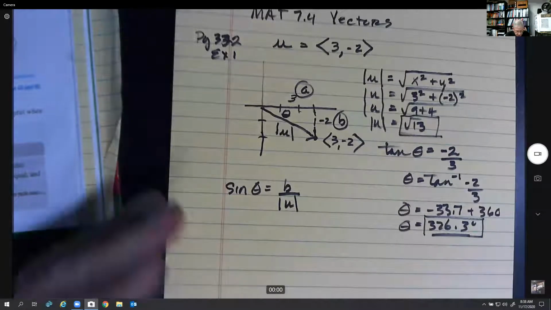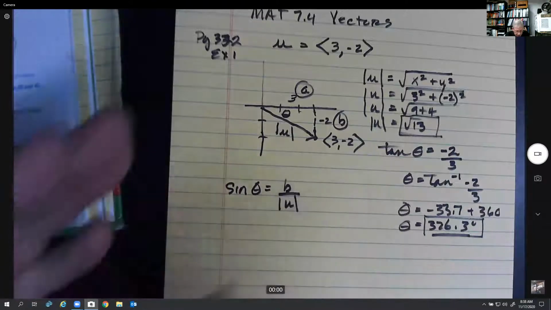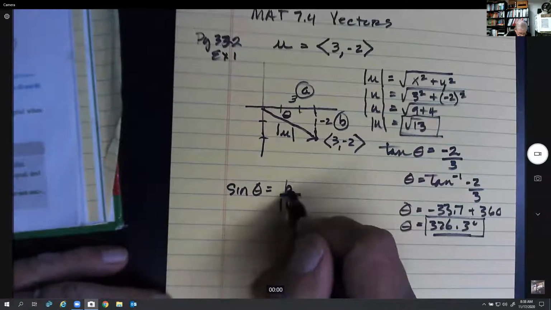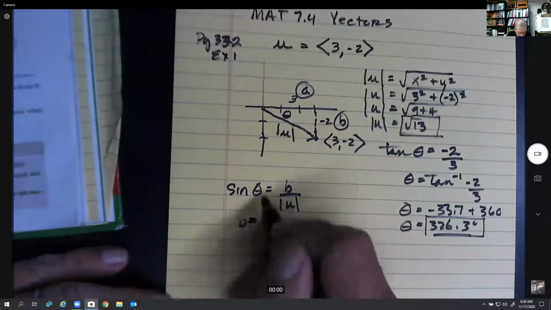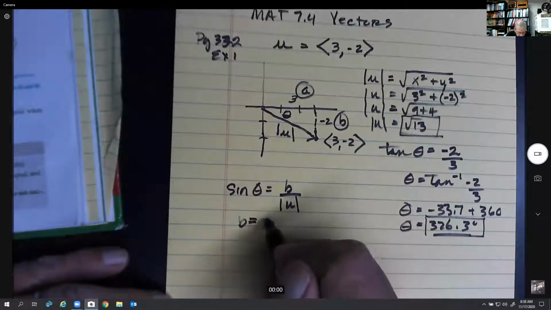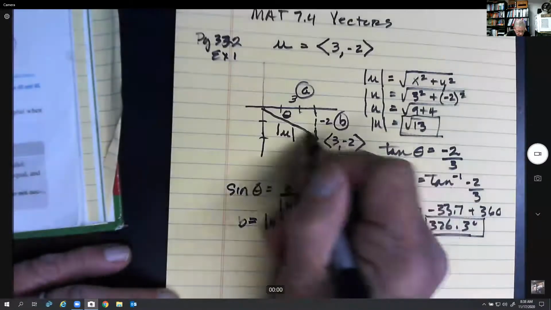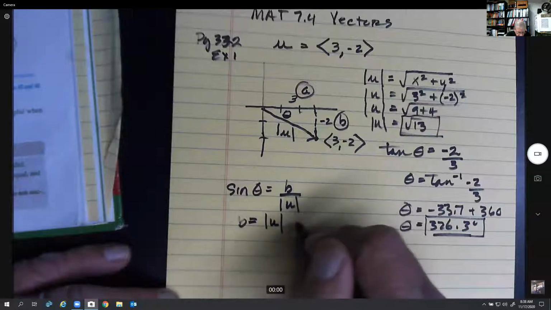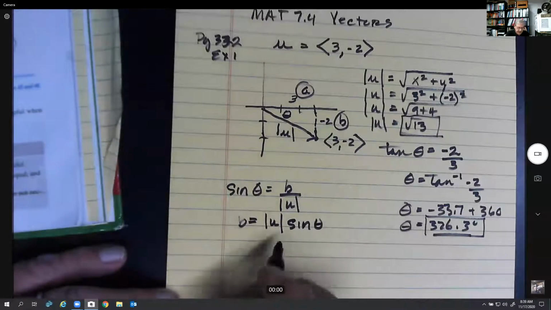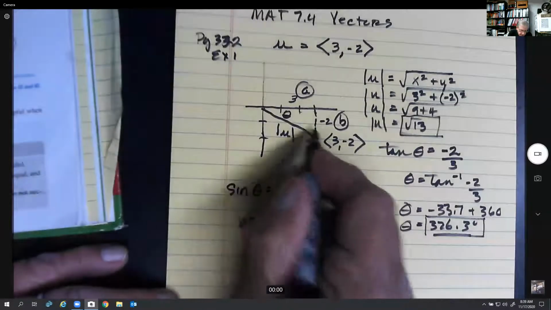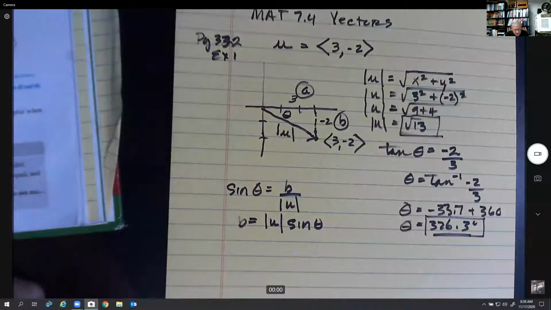Okay, but what if I wanted to find B? I don't want to find the angle, I just want to find the side. So I could just rewrite this: B is equal to what? The sine of theta times the magnitude, kind of like the hypotenuse times the sine of theta. You can think of it that way, or you can think of this as the magnitude. This distance right here is the magnitude because it's a vector.